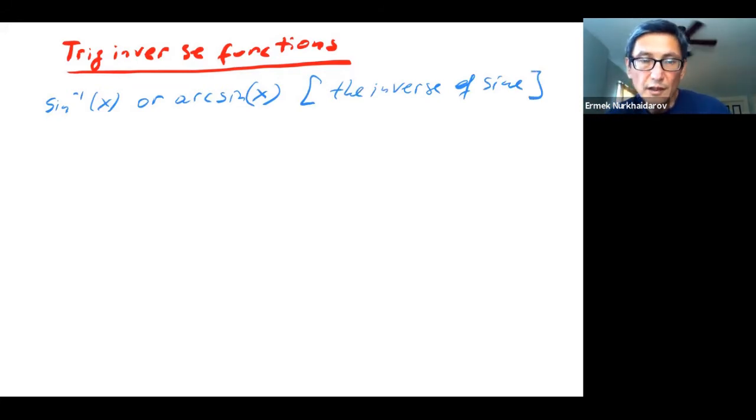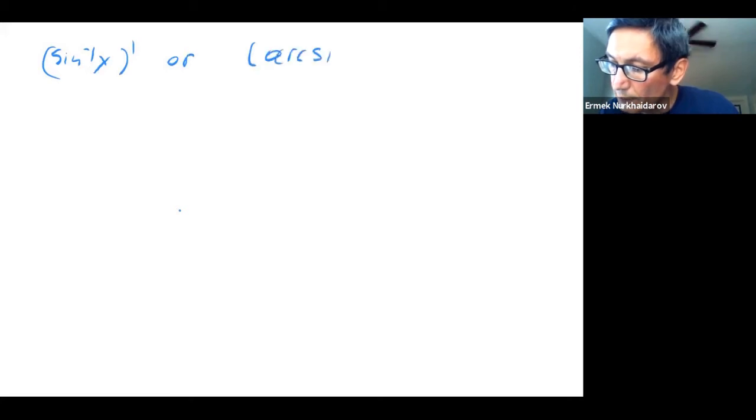Then we have cosine inverse and arc cosine. So I guess what we want to do is find the derivative of sine inverse, or the derivative of arc sine.